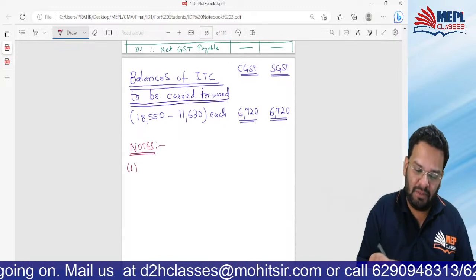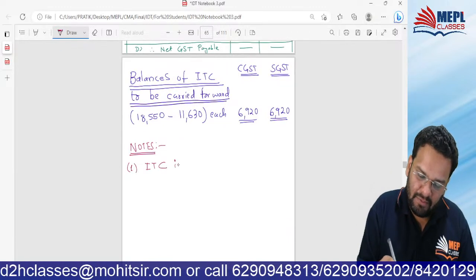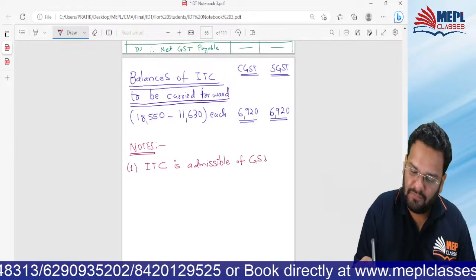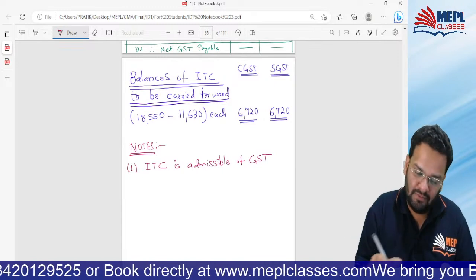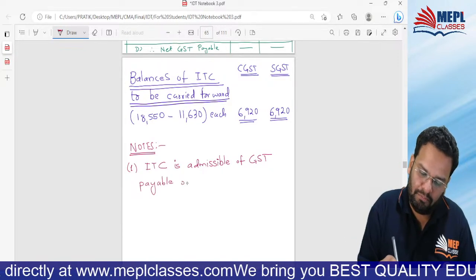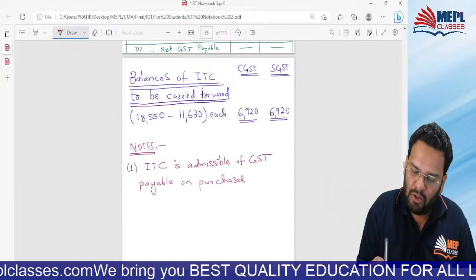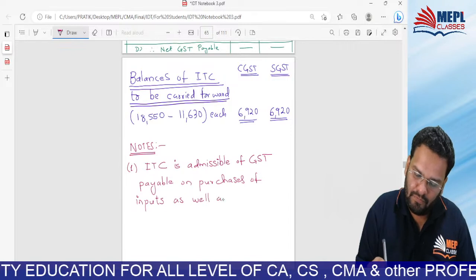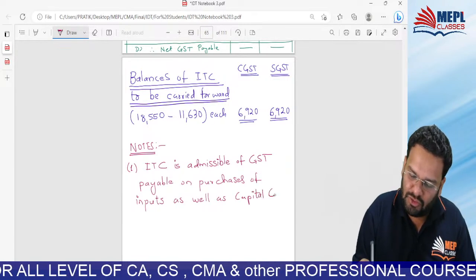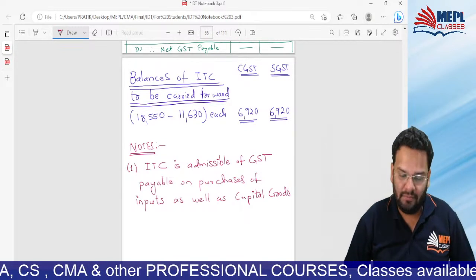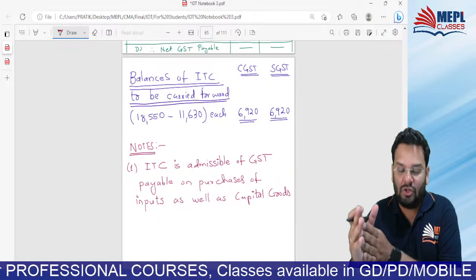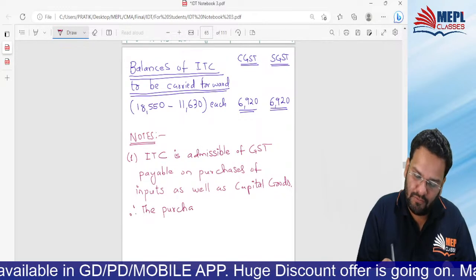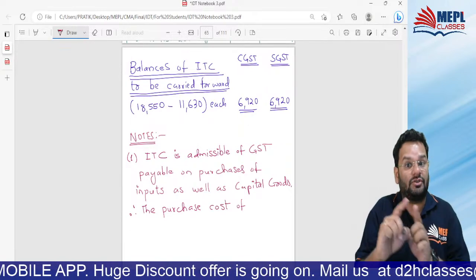Simple logic, simple reason behind that. ITC is admissible of GST payable on purchases of inputs as well as capital goods. Clear?